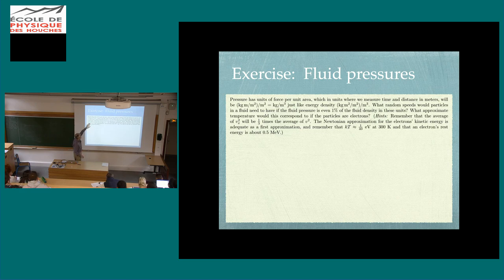And when we measure time and distance in meters, force per unit area is kilogram meters per second squared in normal units, but we're measuring time in meters, so it's kilogram meters per meter squared. And then unit area is meters squared. That's kilograms per meter cubed. That's the same units as energy density or mass density. They're all the same. So energy in this unit system is measured in kilograms. A kilogram of energy is sort of an atomic bomb's worth of energy.